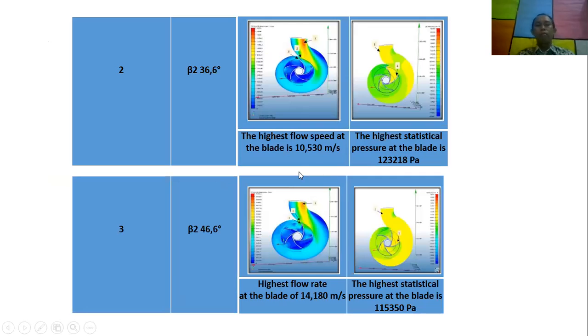Number 2, B angle 36.6, higher flow speed 10.53 meter per second, higher static pressure at the blade is 12,318 Pascal.